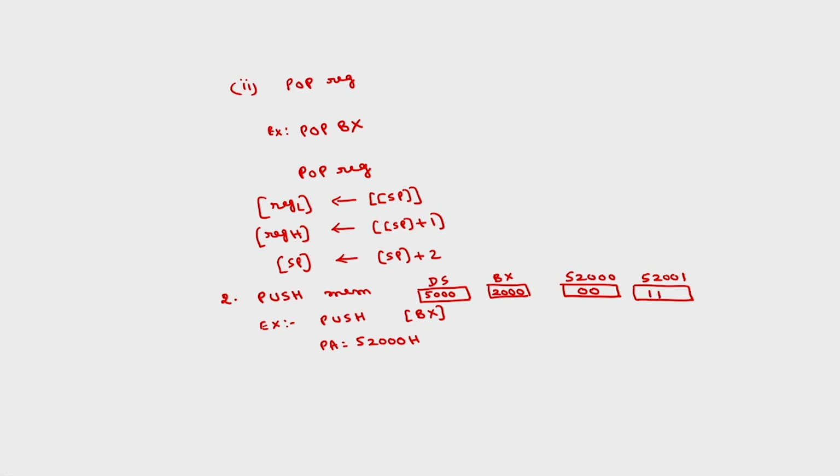So here what happens is, the contents of 52,000 will be transferred to contents of SP minus 1 and 52,001 will be transferred to contents of SP minus 2, and SP becomes SP minus 2.